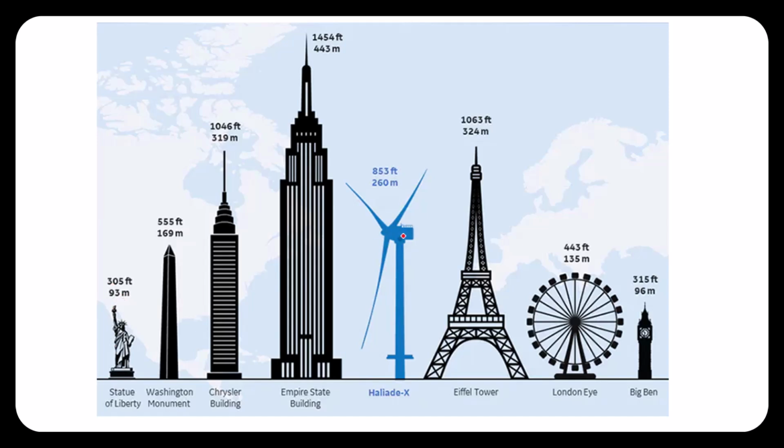And this wind turbine, Haliade-X, its height is 260 meters. We have the Washington Monument at 169 meters, Chancellor Building 319 meters, Empire State Building is 443 meters. This is still very tall compared to wind turbines. Eiffel Tower is 324 meters, London Eye 135 meters, and Big Ben 96 meters.